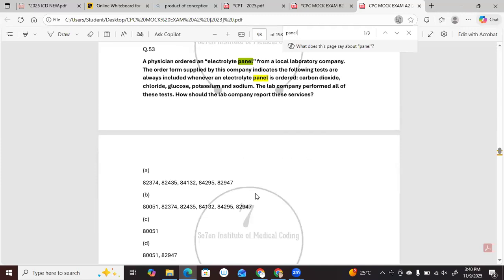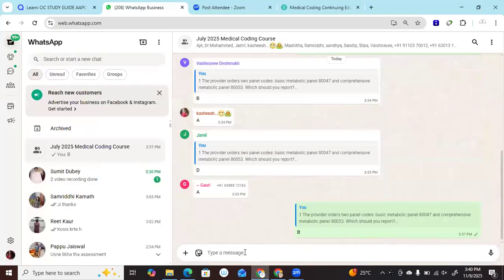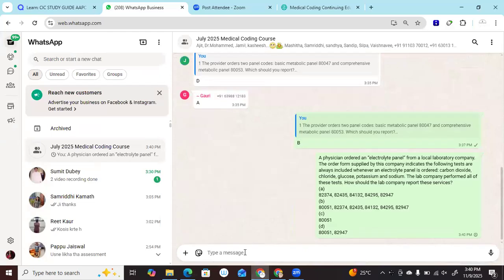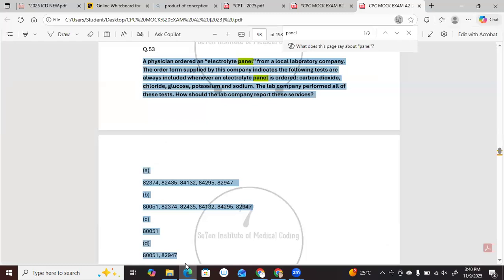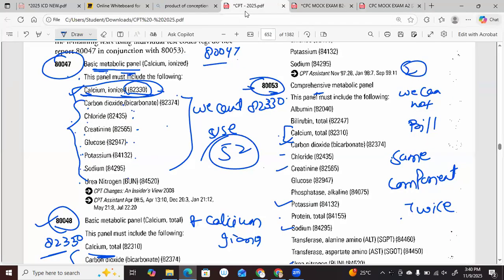Can you try to solve question number 53? Let me mention it in the WhatsApp chat also. Try to solve this now. I'm doing another question because we anticipate there will be one question in the CPC exam. So we can anticipate there will be one question in the CPC examination from this panel itself.